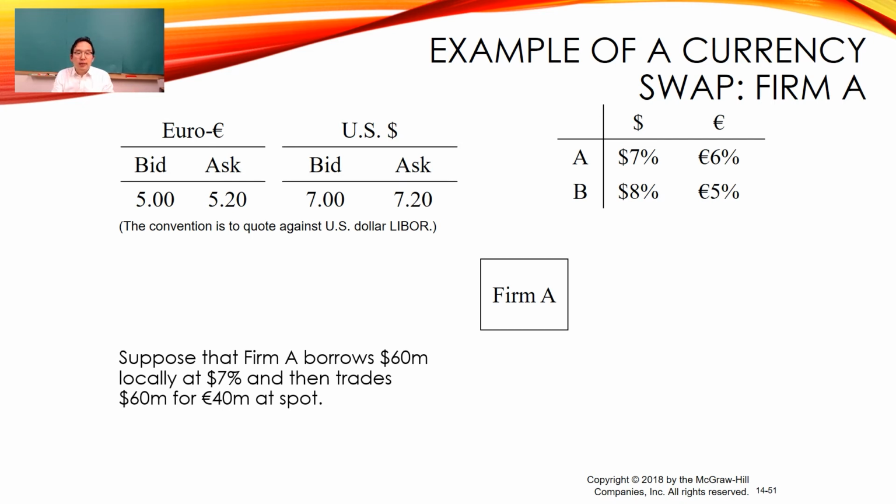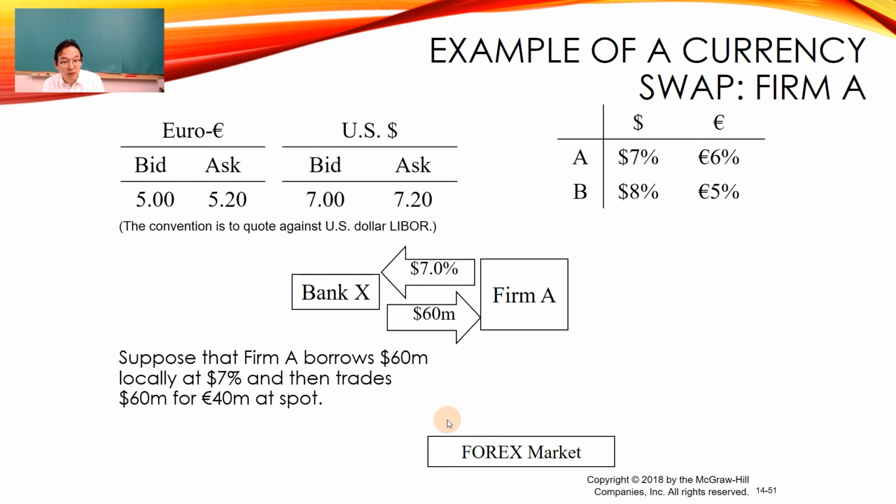Now, company A, the US company, suppose that company A borrows 60 million US dollars locally at a 7% rate, then trades $60 million for 40 million euros at the spot exchange rate. Bank X is the one that will finance it, maybe Bank of America, at a 7% rate.